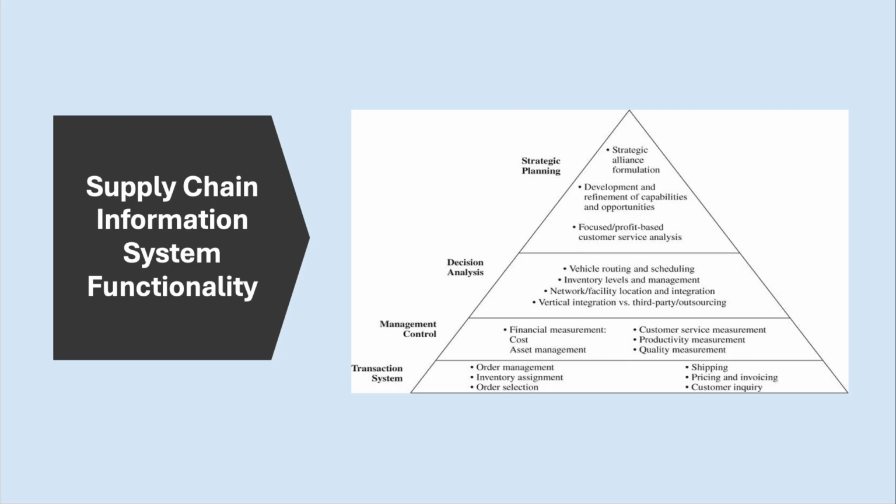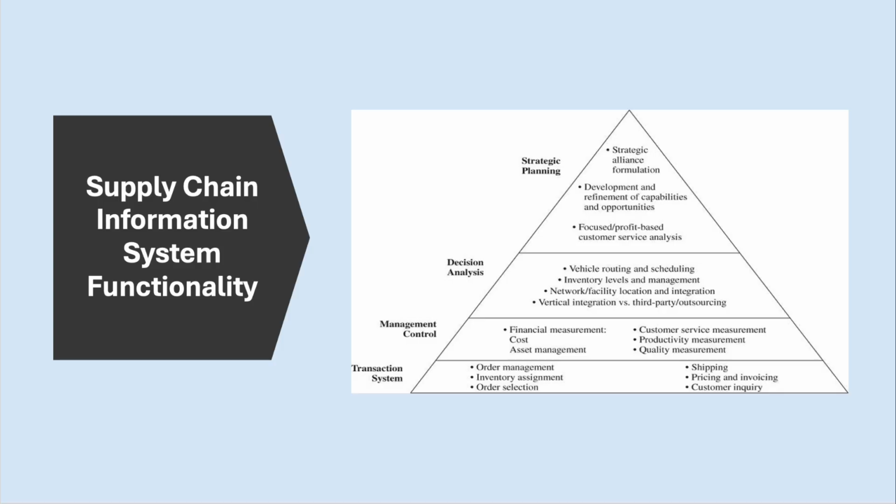At the execution level, the system helps the organization process orders, assign inventory, manage shipments, update records, and communicate with customers and partners. At the management level, the system helps monitor performance, identify exceptions, and support corrective action.